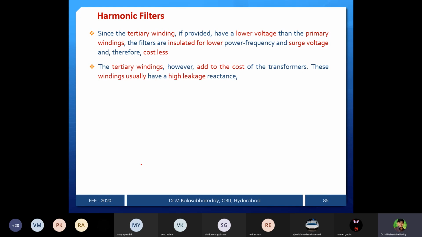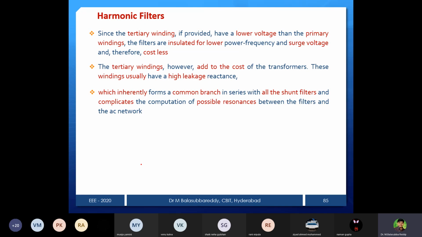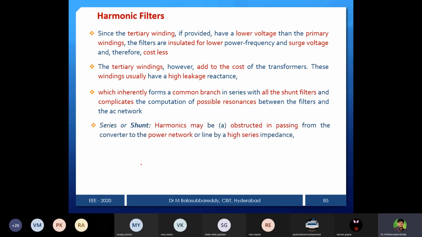These windings usually have high leakage reactances, which inherently form a common branch in series with all the shunt filters, and complicate the computation of a possible resonance between the filters and the AC network.